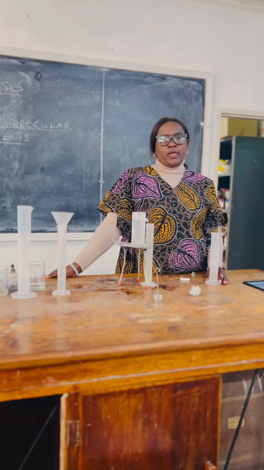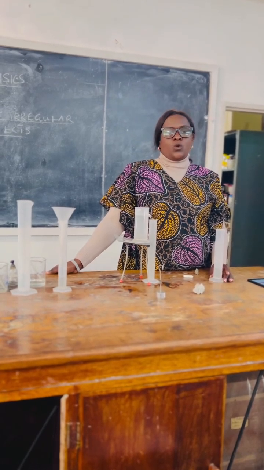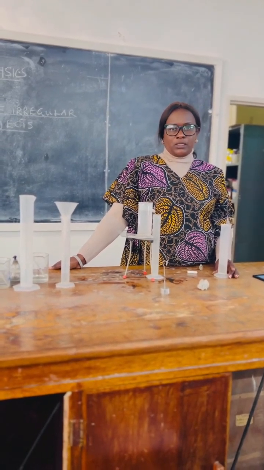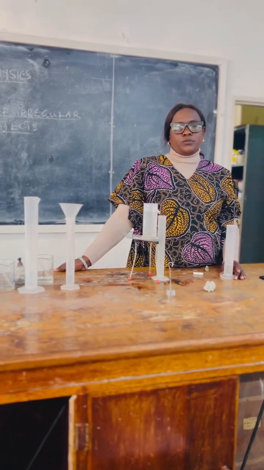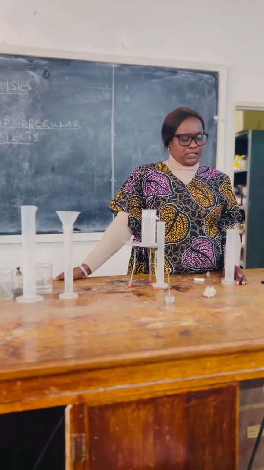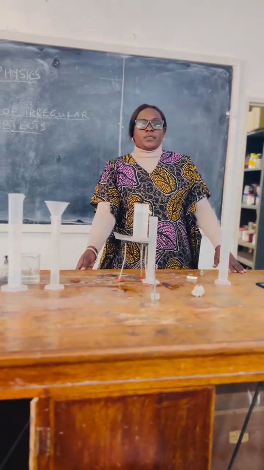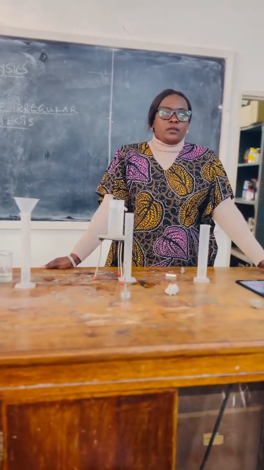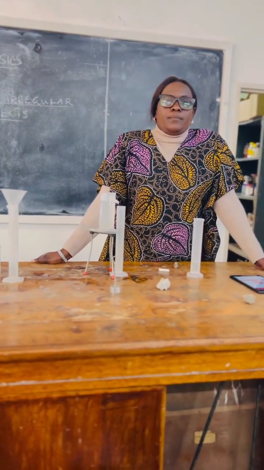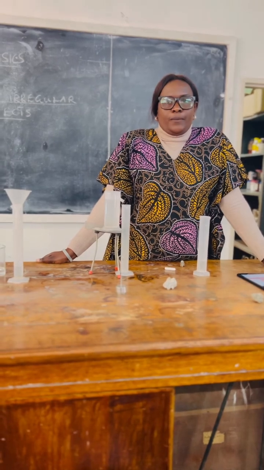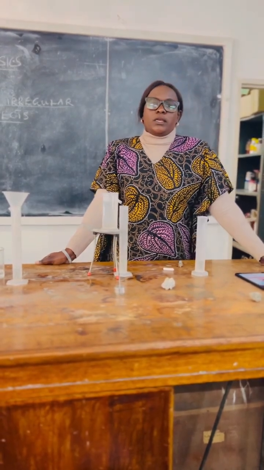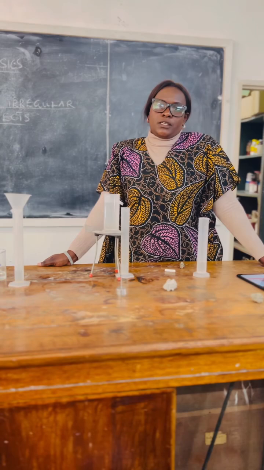With me here are apparatus which we use when we are determining the volume of irregular objects. To determine the volume of irregular objects, the methods known as displacement methods are used. There are two ways in which the volume can be determined.